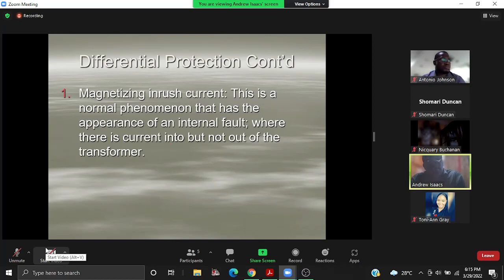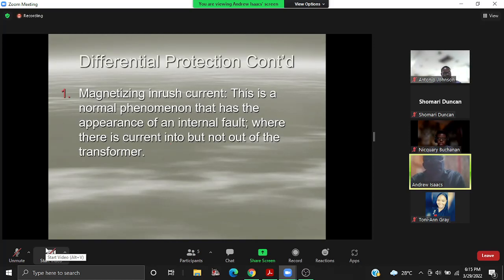As I said, magnetizing inrush is a normal phenomenon, because for the transformer to work, you understand the whole business of mutual induction. You have to create that magnetism within the core in order to get the output at your secondary.